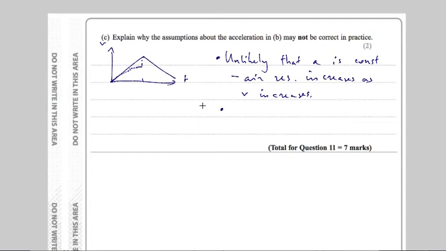Anything else? So that's the assumption that the acceleration is constant. What about the assumption that the deceleration is the same as the acceleration? Well, probably the braking force is going to be higher than the driving force. So there is no guarantee that braking force equals driving force.